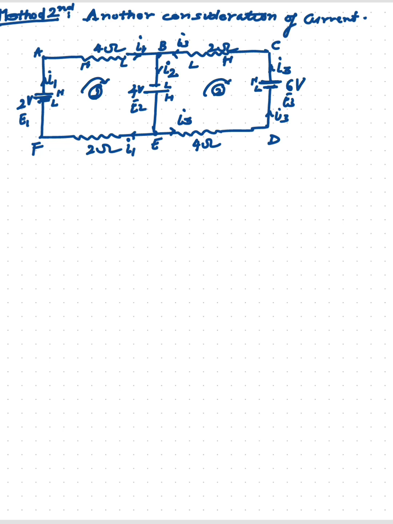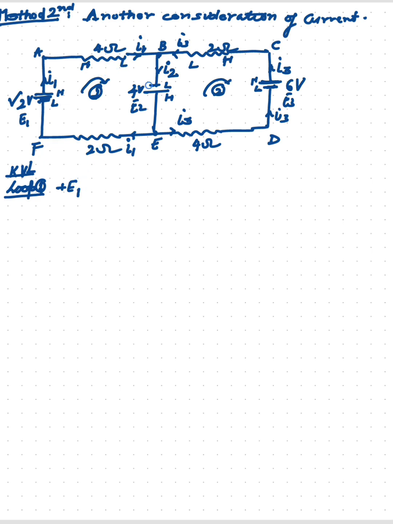Now let's apply KVL and KCL. Okay, so KVL, loop 1. Now look here, I am starting with this 2-volt battery. So we are traversing low to high, so this will be plus E1.